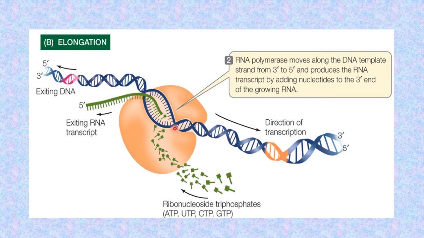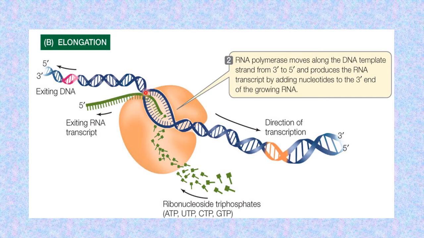This we are saying because at the time of replication, that we have already done in another video, the DNA polymerase requires the primer. It needs the free hydroxyl at the 3' end, to which the deoxyribonucleotides may be attached. The RNA polymerase does not require the free 3' hydroxyl group to initiate its activity.